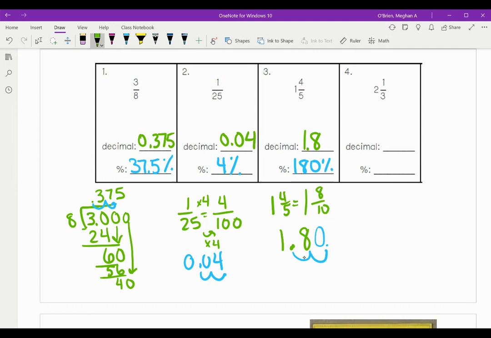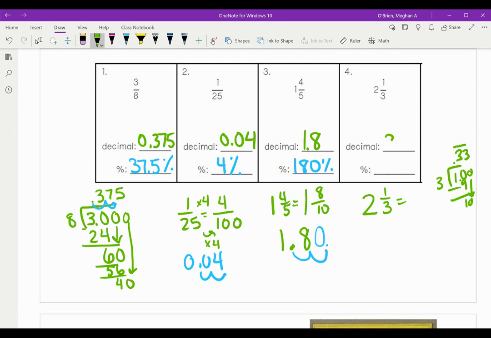Last one, 2 1/3. Okay, I know that if I went over here to the side and divided 1 by 3, you can even try this in the calculator, it'll give you a repeating decimal of 3 each time. And I don't know if you remember, but way back in the beginning of the year, we learned that this bar notation helps us just kind of shortcut and show that that digit is repeating in this decimal.